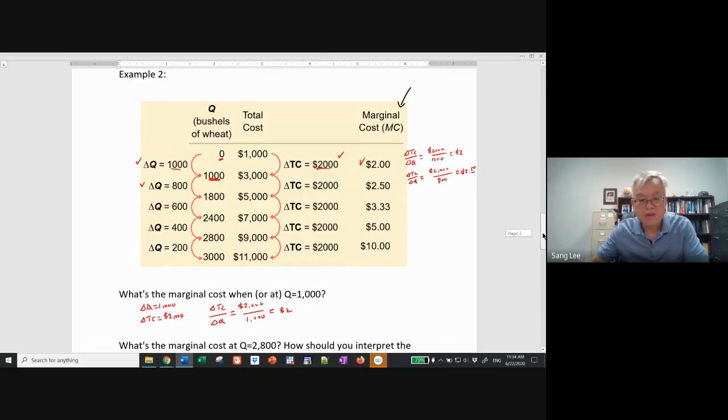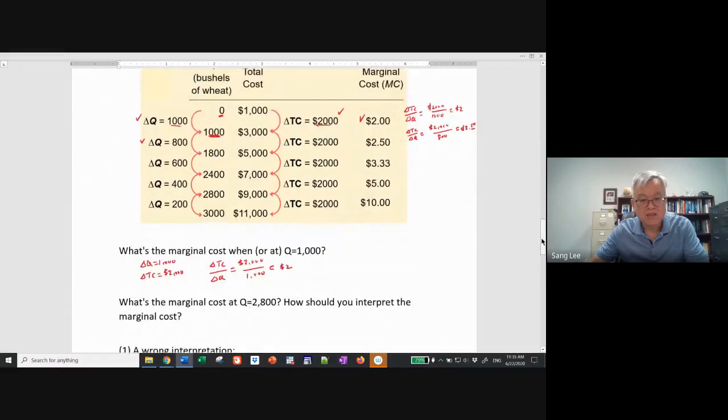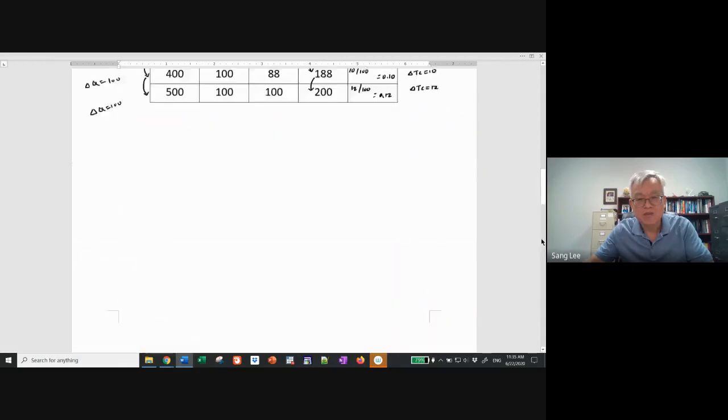Then, what's the marginal cost at the 2,800 units? When you produce 2,800 units, what's the marginal cost? Now, go back to the definition of marginal cost.